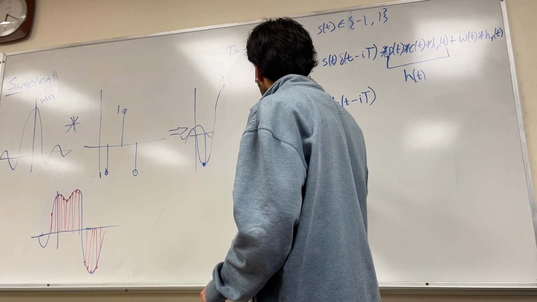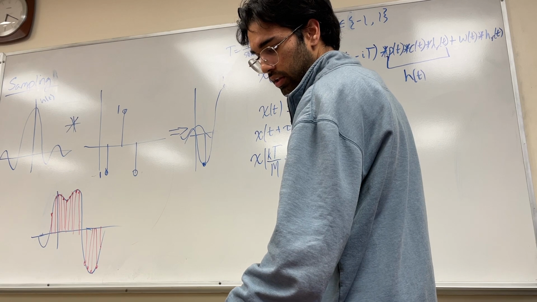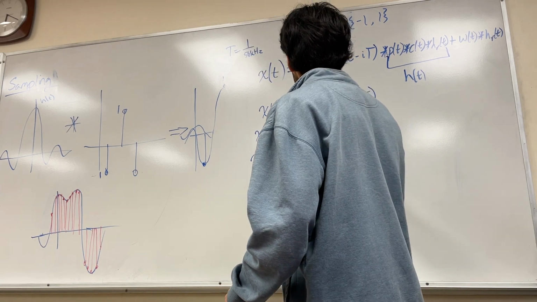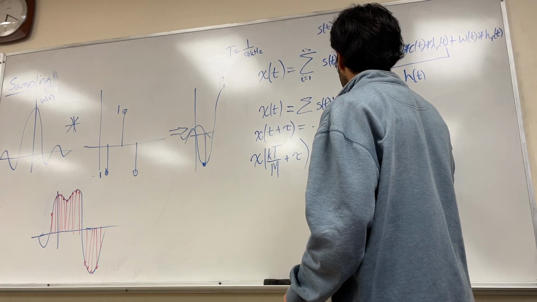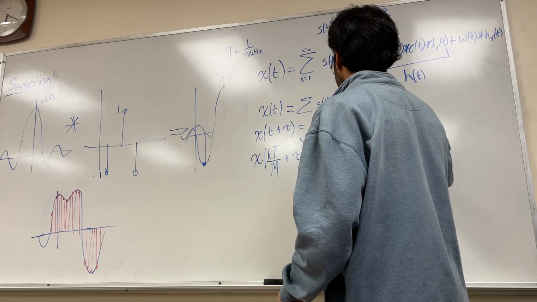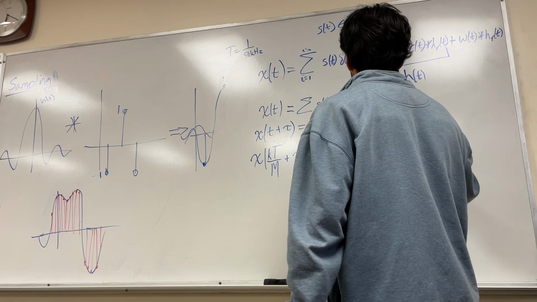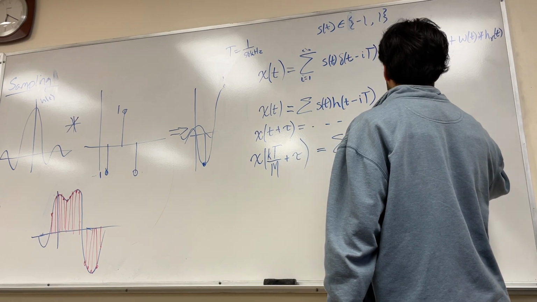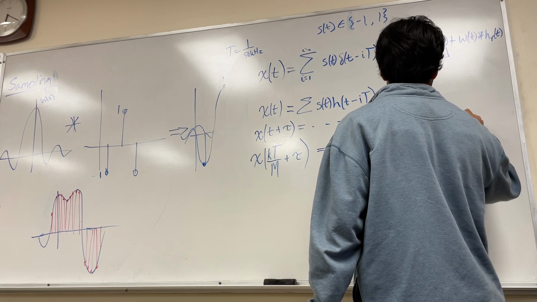Then plus tau, and of course this equals the summation of S of kT over m plus tau, h of, same thing, kT over m plus tau minus iT.